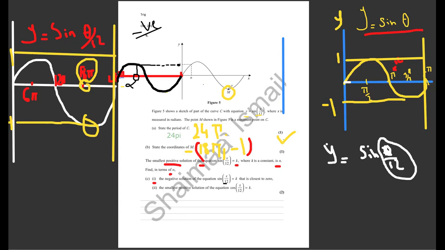How about this? Actually, this would be exactly like this one, so this part is equal to this part. Remember, this part was 12 pi, and the same here is 12 pi.